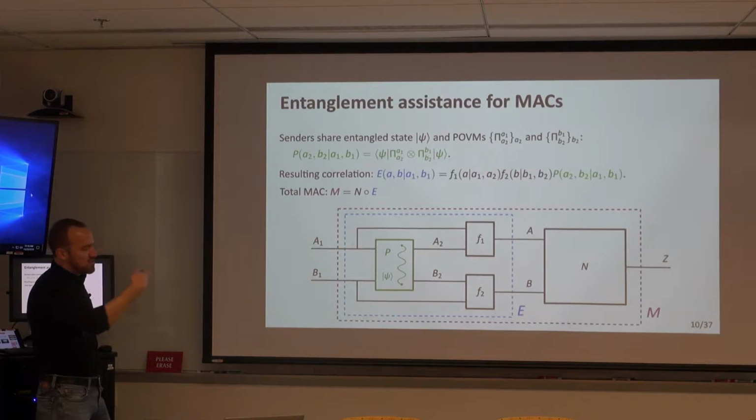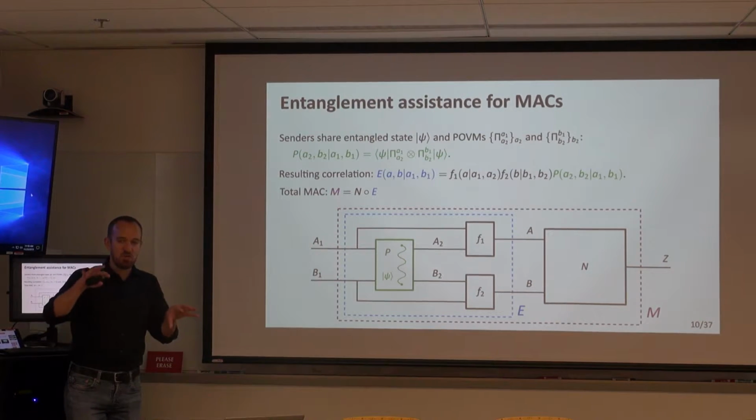But to make this fully general, we want to allow them to draw these POVMs. So what they do is they start with two random variables, A1 and B1, and for each value of A1 and B1, they have one POVM.